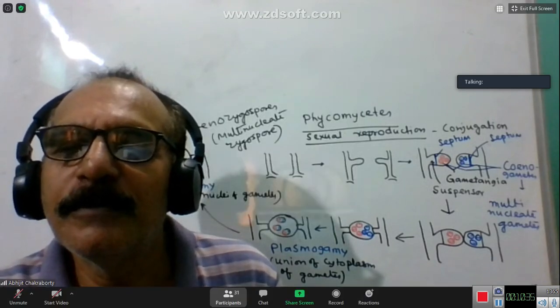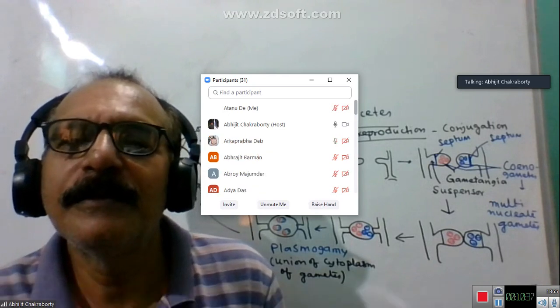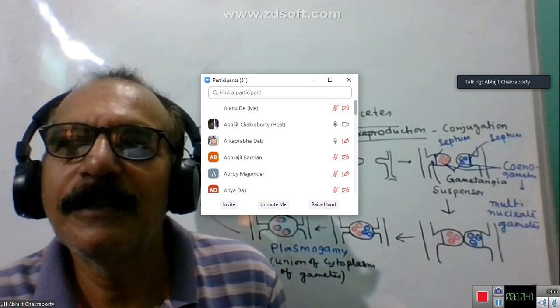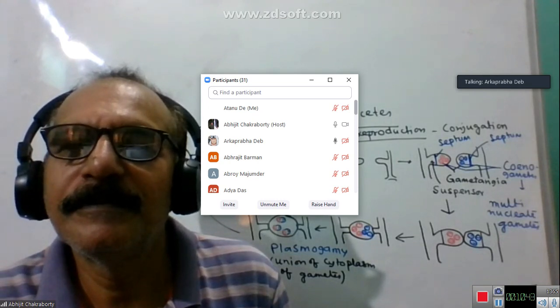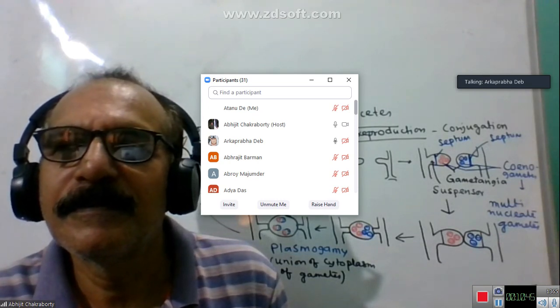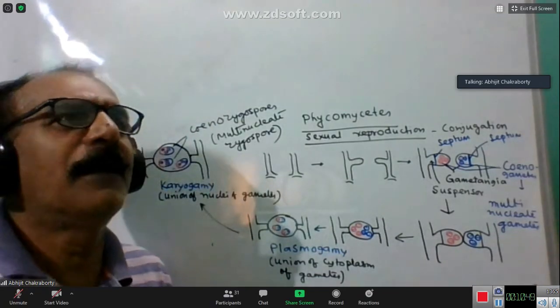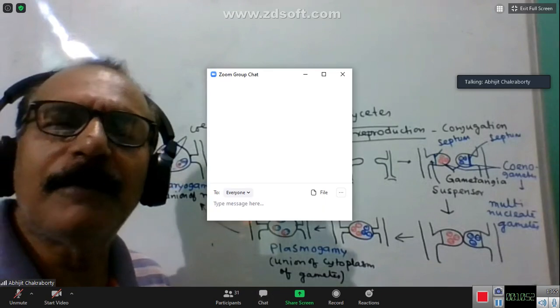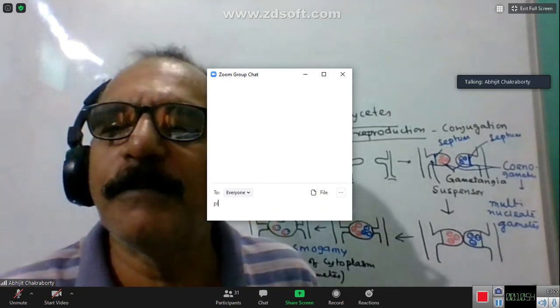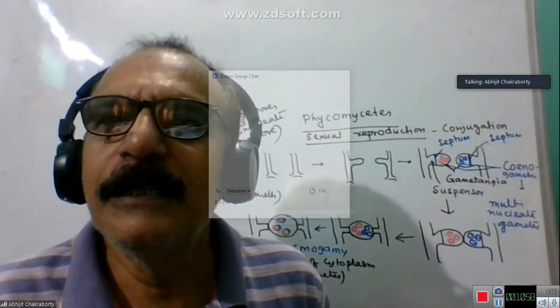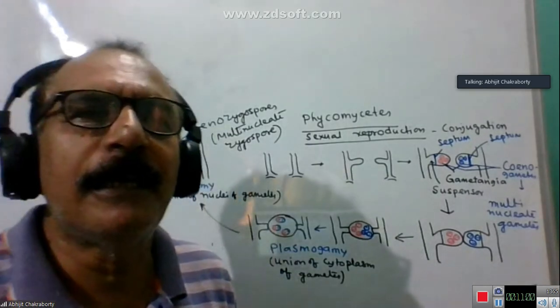Orko Prabha, do you hear me? Yes, sir. Tell me, which one is the answer? Sir, zygospore, sir. What I said earlier, I think in my earlier classes, that whenever a diploid cell is produced by means of conjugation, it is called zygospore. A diploid cell produced by fertilization is called zygote.